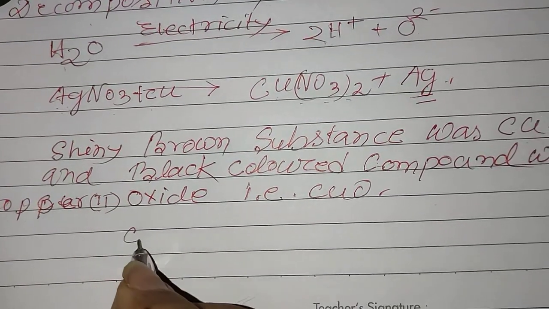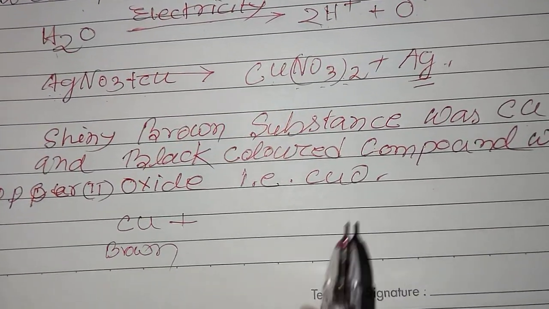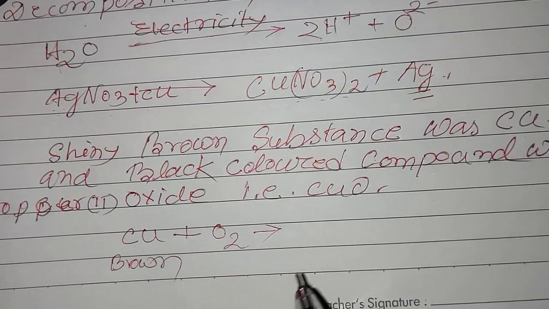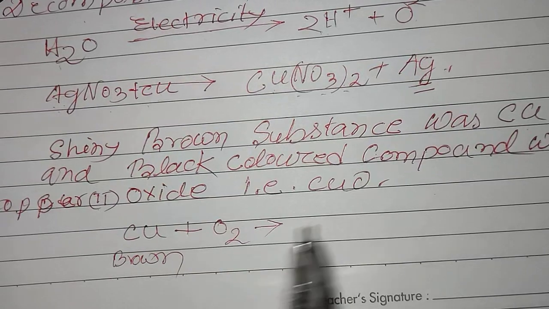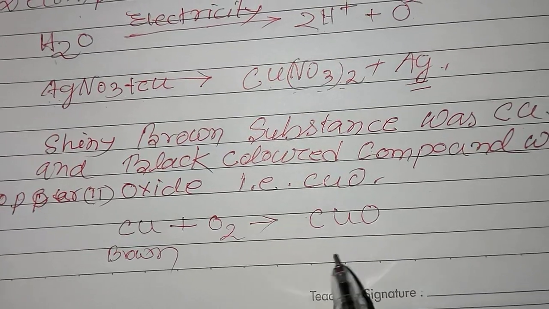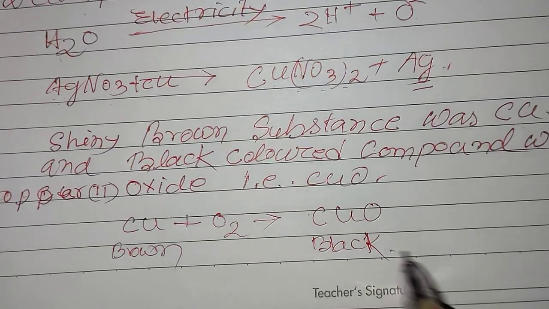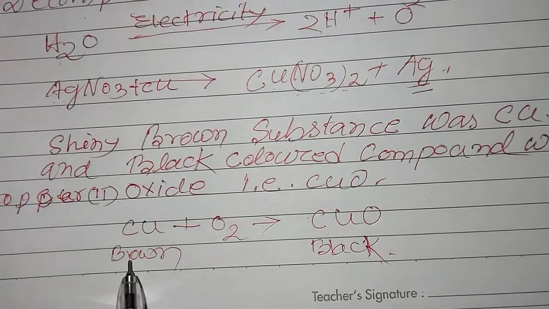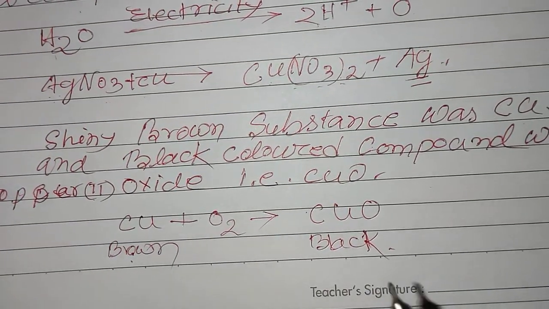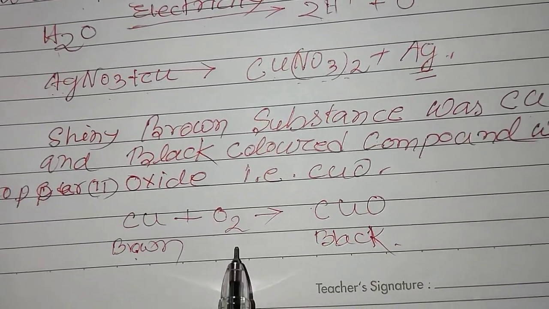So the reaction would be copper, which is brown, heated or burned, gets oxygen and forms copper 2 oxide or cupric oxide. This is a compound, the color of which is black, right? Black color compound, copper oxide, which was earlier brown. Whenever it is heated, due to the oxidation it will turn into black color. Okay, this is the equation for question number 7.